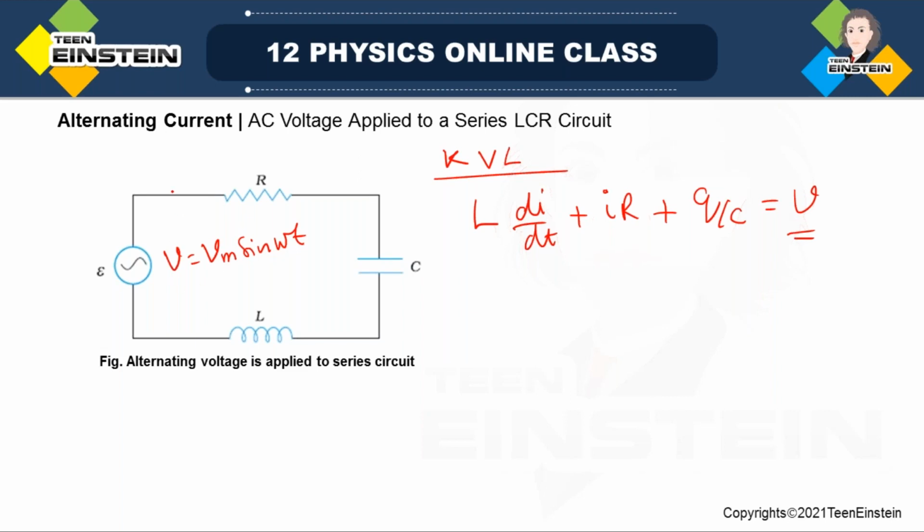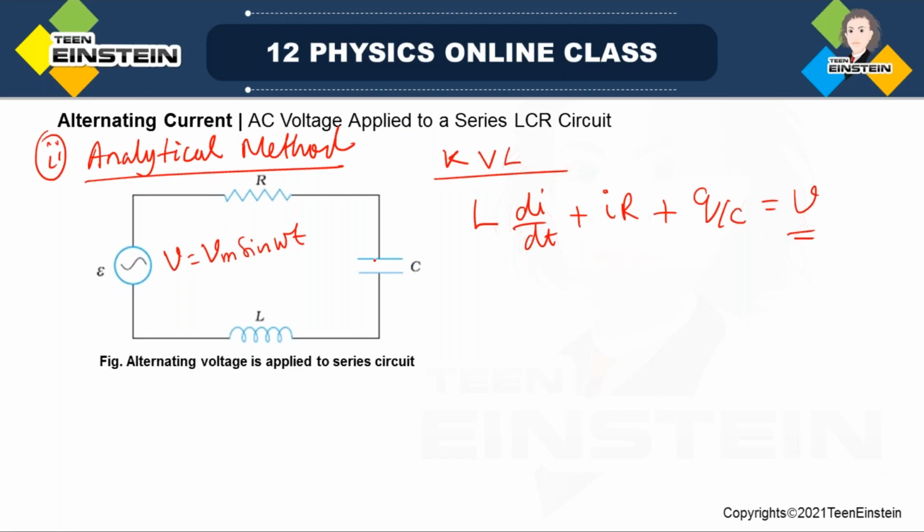Since these are in a series circuit, we are now learning the second method of finding the instantaneous current and the phase relationship between the current and voltage. This is the analytical method.